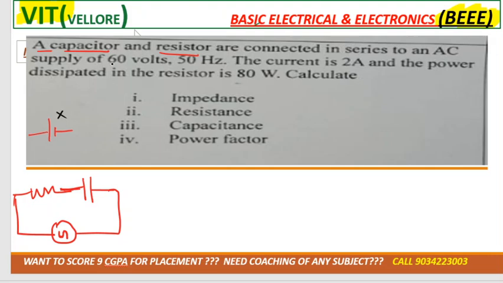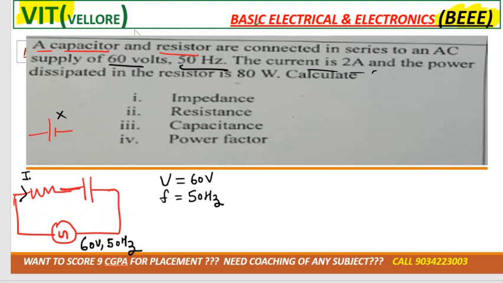Now the supply they have given is 60 volt, so mark it here, and the frequency is 50 hertz. Whatever values they have given, write them in the diagram. The voltage they mentioned is the total voltage, and the frequency is 50. The current is 2 ampere, so mark I equal to 2 ampere.